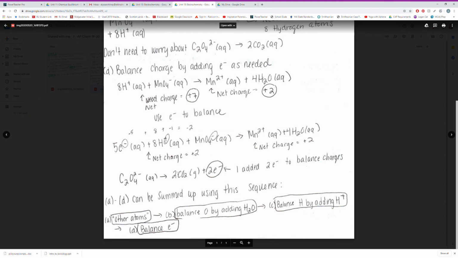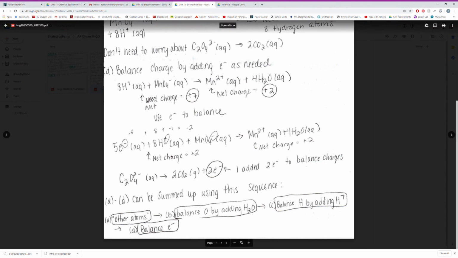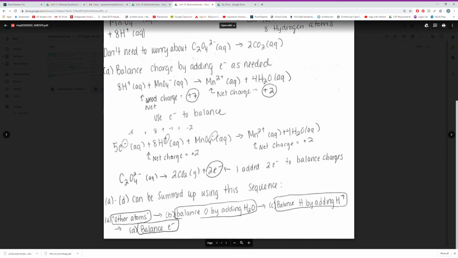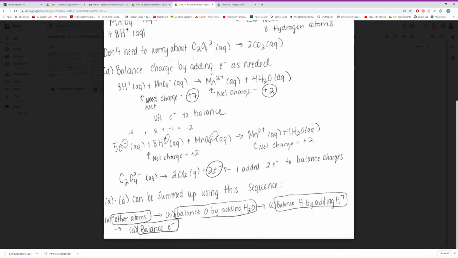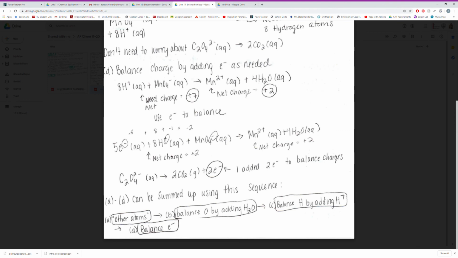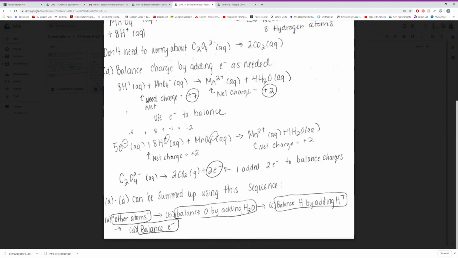And then over here, I added 2 electrons because C2O4 2- has a net charge of -2, whereas CO2 has a net charge of 0. So I need to add 2 electrons to this side. Now I have the same net charge in my reactants and products. So now I have balanced both of my half reactions.